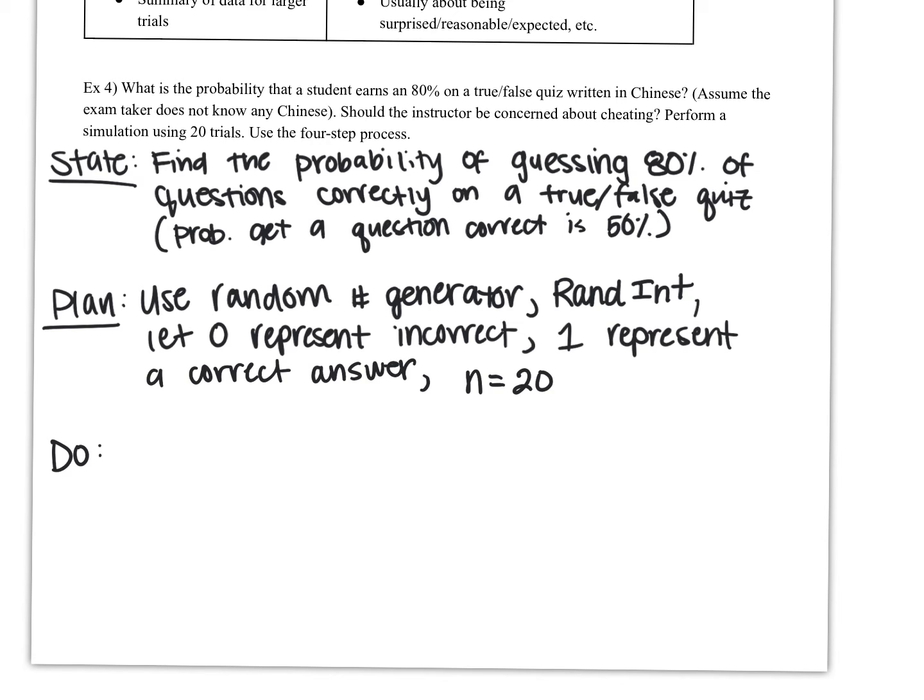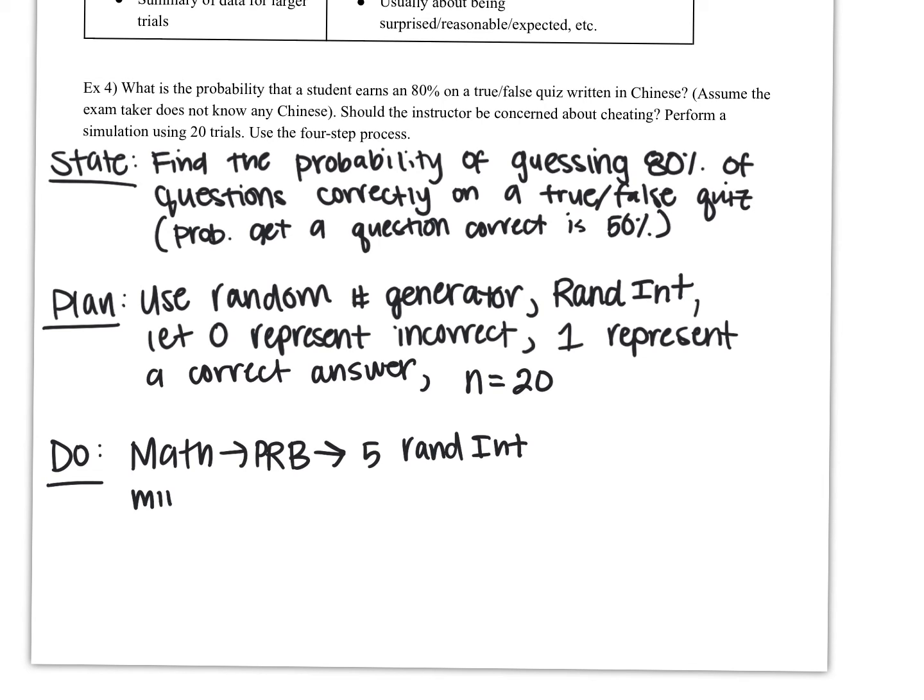So now is the do part. To get to randint, you're going to press math, then go to PRB or PROB depending on the calculator, and then you want number 5. Okay.